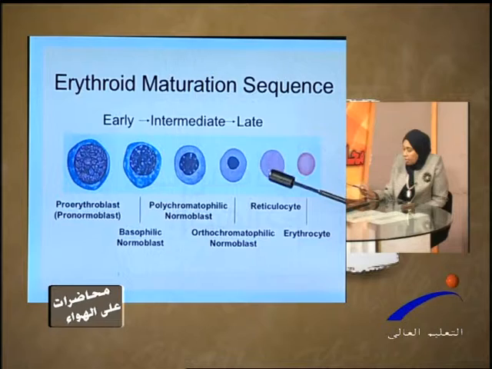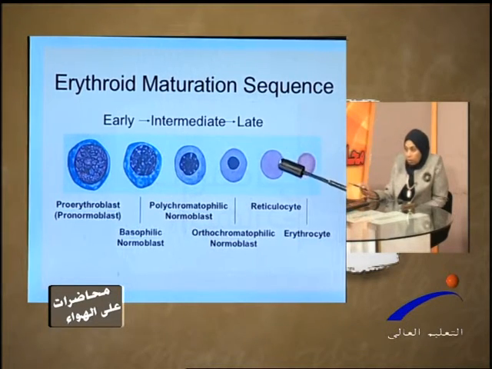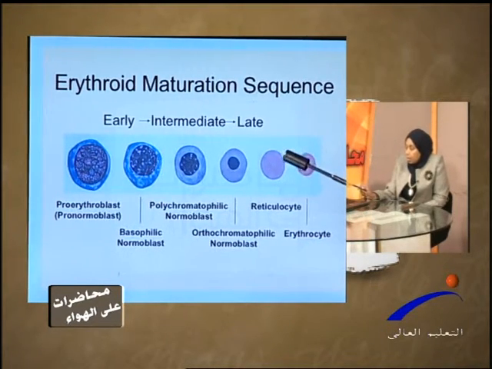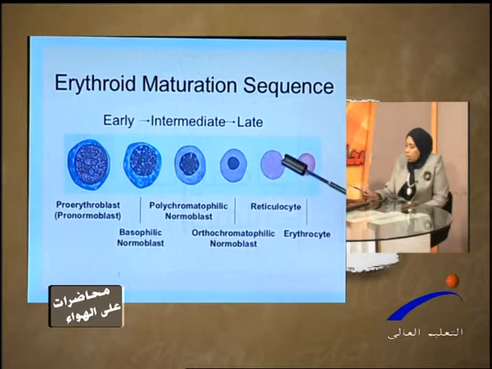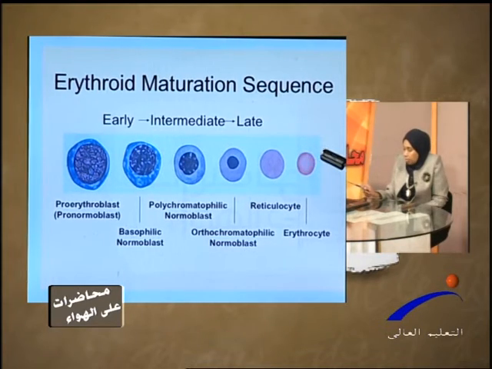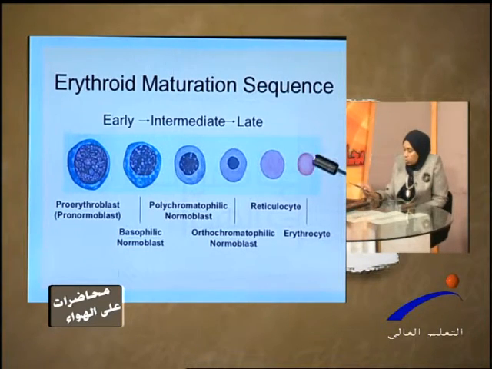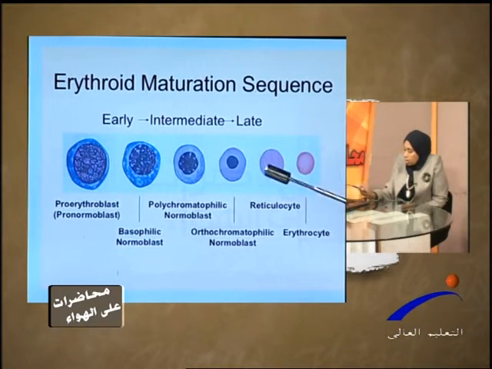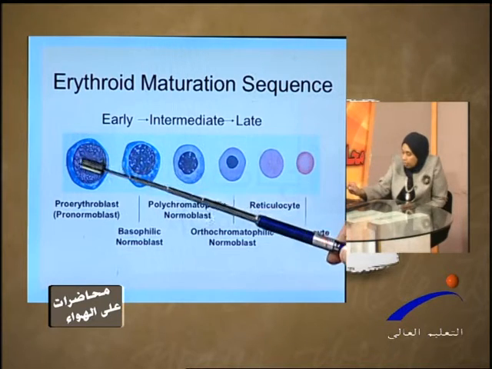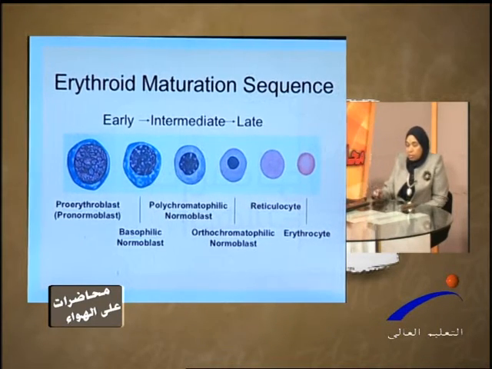The reticulocyte is normally found in the peripheral smear, but it is stained by a special stain called supravital stain because it has a remnant of RNA. Erythrocytes have no nucleus, so I have to know that these two cells are the only ones detected in the peripheral smear. The others I can detect on the bone marrow smear.